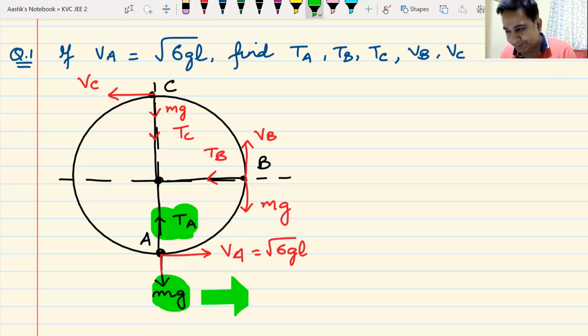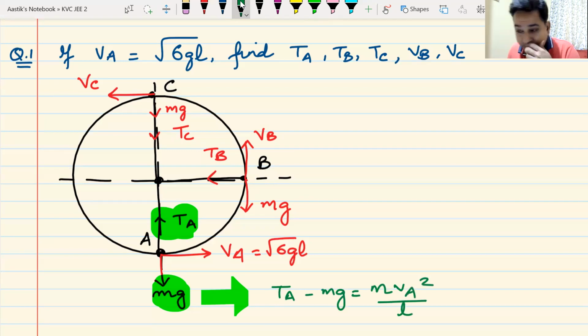TA minus mg equal to m into VA square by L.